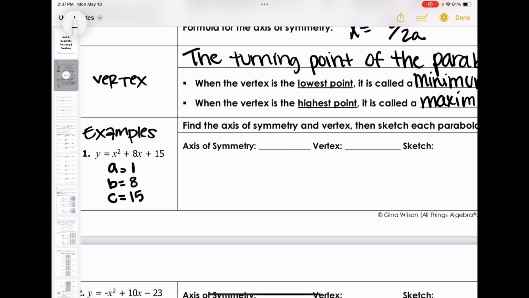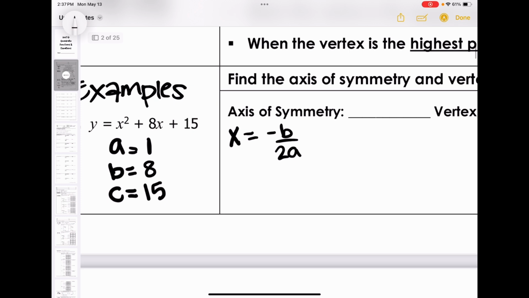Now that we have our a, b, and c, we're going to find our axis of symmetry. So I'm going to use my formula, x equals negative b over 2a, and plug those values in. So I'm going to have negative 8 over 2 times 1, because my b value is 8 and my a value is 1.